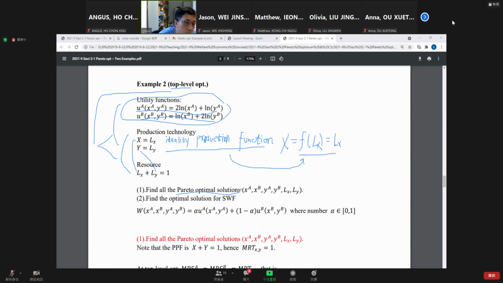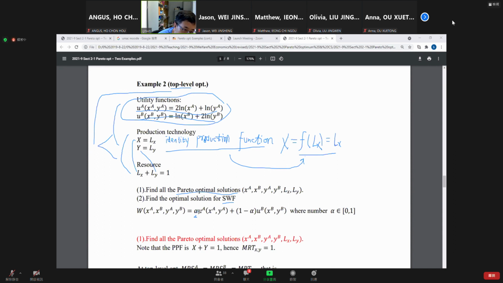The second question, very similar to the first example, is: given again the social welfare function alpha, this is very simple, the so-called Bergson-Samuelson social welfare function. We just sum up the utility, but we give some weight.